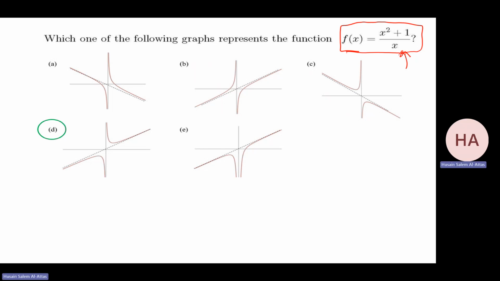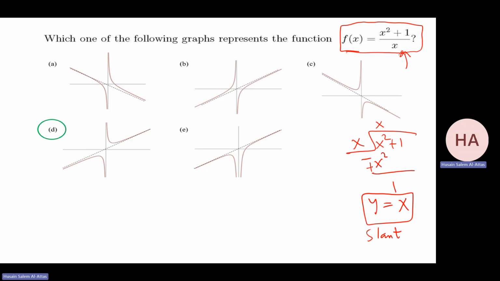For example, if I do the long division, I have x squared, that's it, plus, minus, so I'm getting 1, so y equals x is the slant asymptote. This is my slant asymptote.